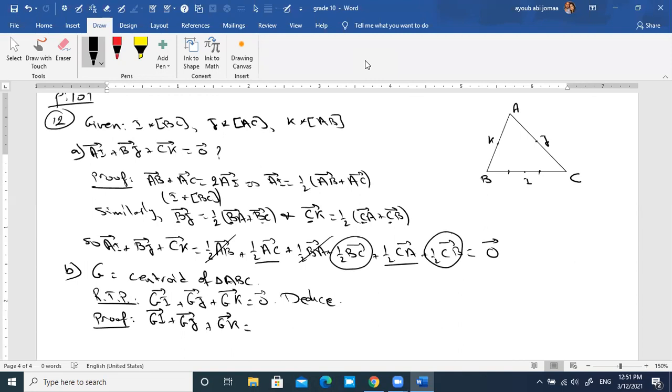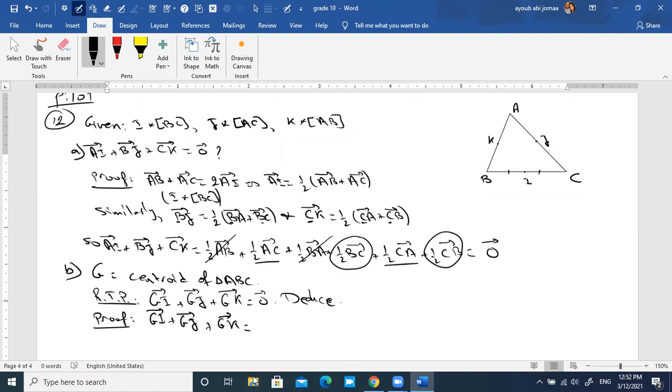We insert a point: for GI, point A. For GJ, B. And for GK, C. Why did you choose A, B, and C respectively in vectors GI, GJ, and GK?